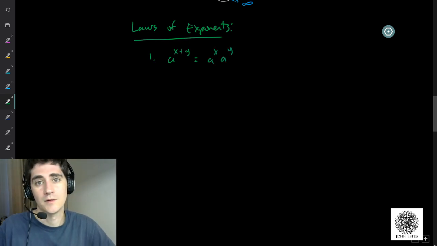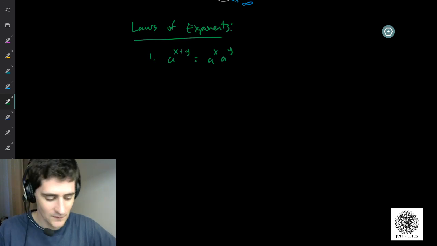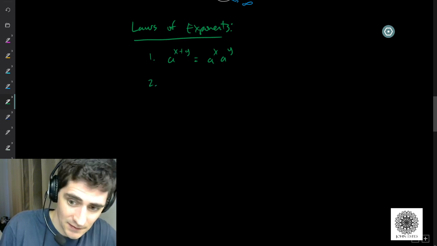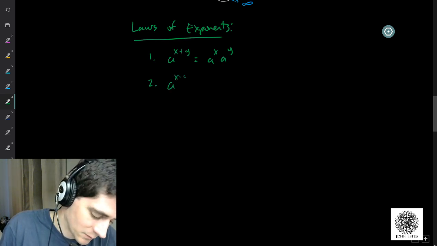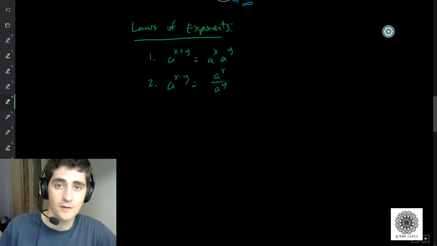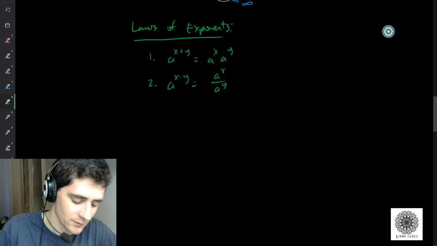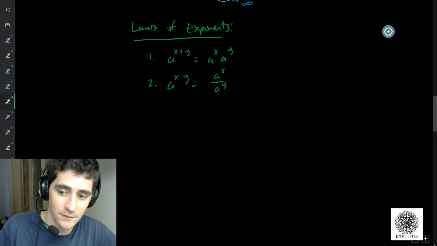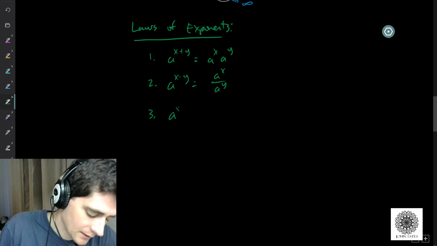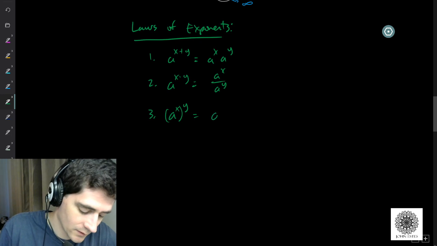Now, if you want to replace a with e, you've got a property of the natural exponential function. If you say a to the x minus y power, that's a to the x over a to the y. So subtraction turns into division. And third, if I have a to the x power raised to the y power, that becomes multiplication.